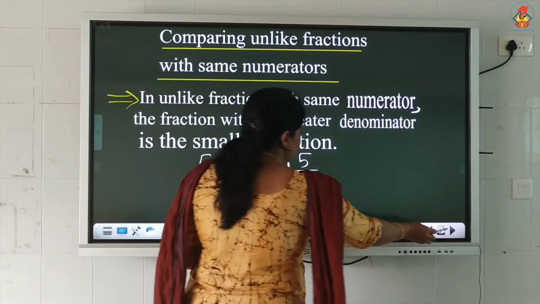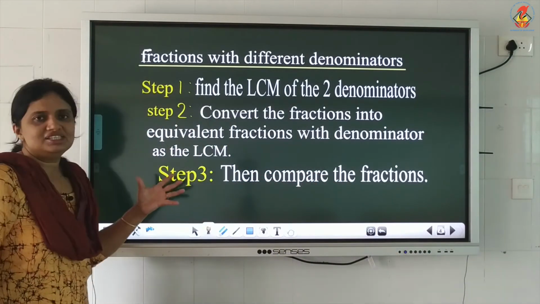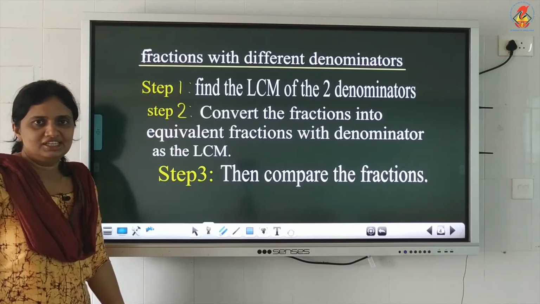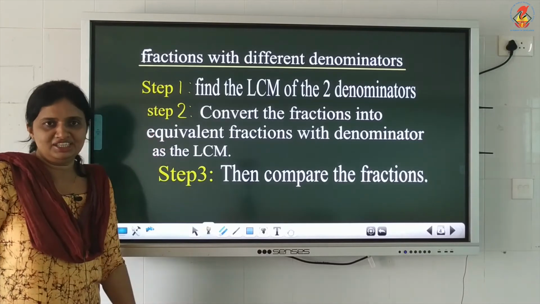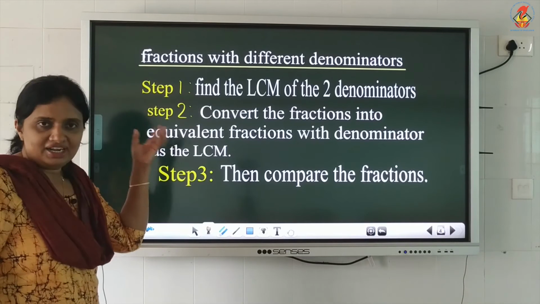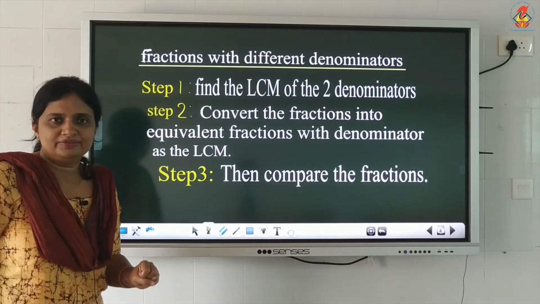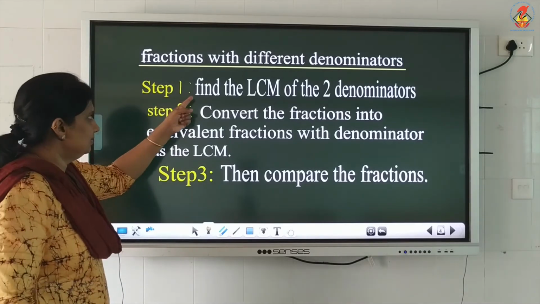Then we will go to the other type of fraction, where numerators and denominators are both different. These are real unlike fractions with different denominators. What do we need to do here? You read the steps.